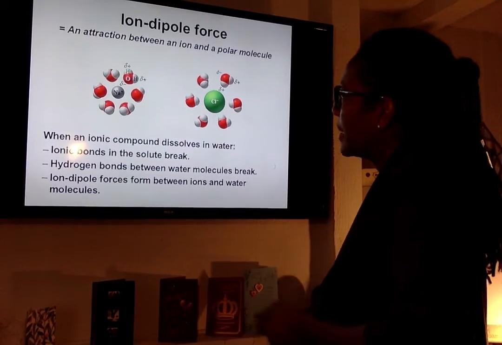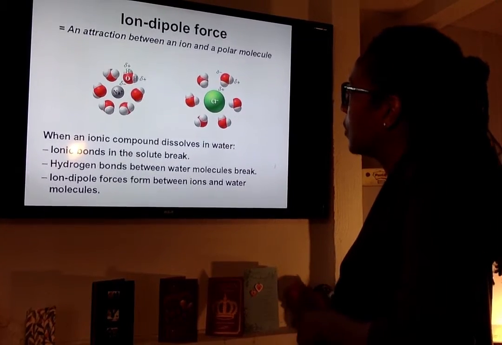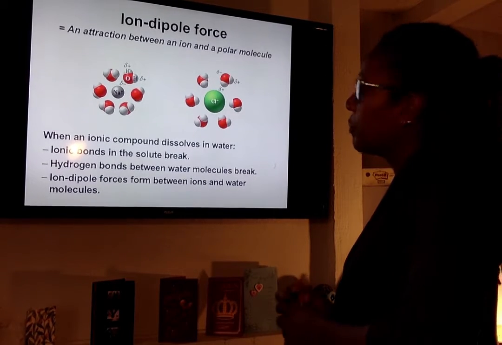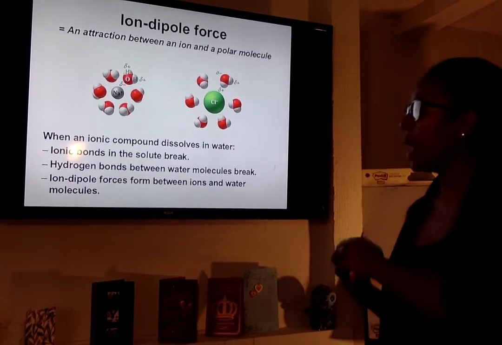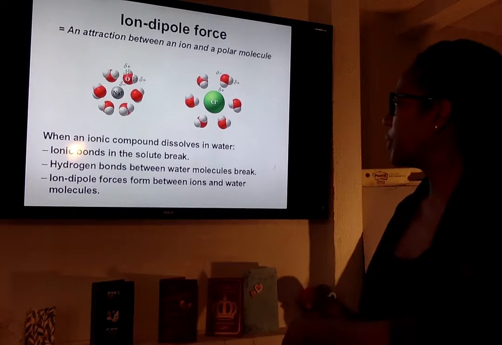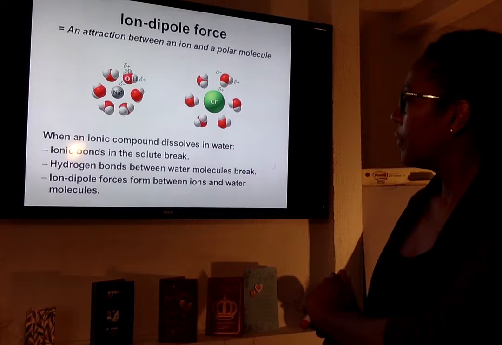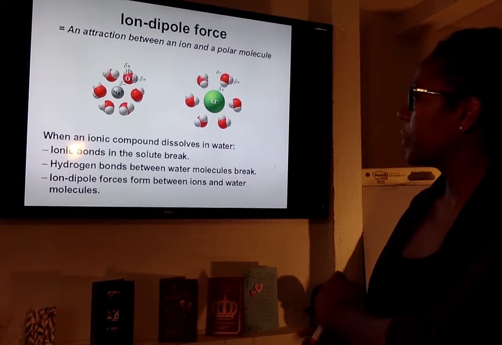So when an ionic compound dissolves in water, ionic bonds in the solute break. Hydrogen bonds between water molecules break, and ion-dipole forces form between the ions and water molecules.